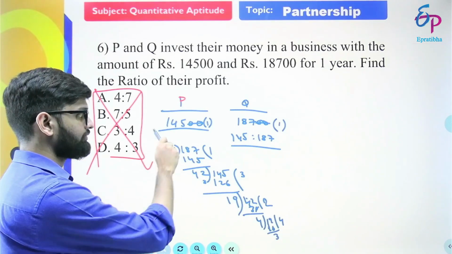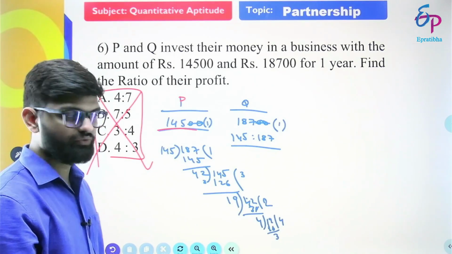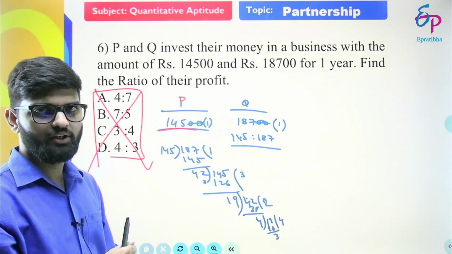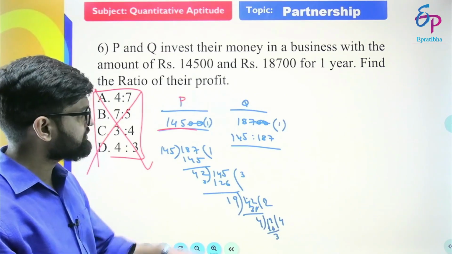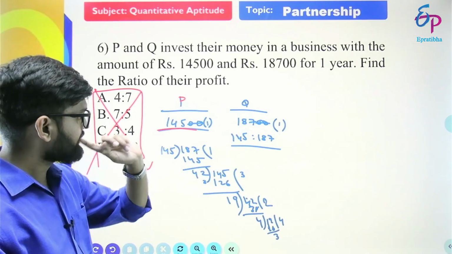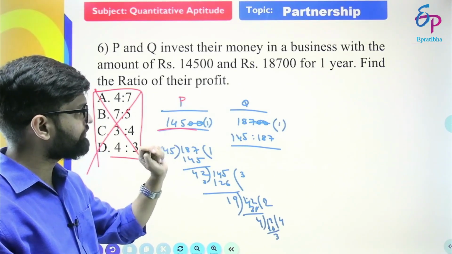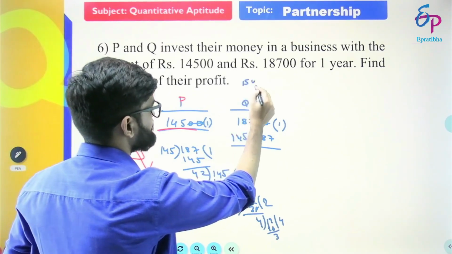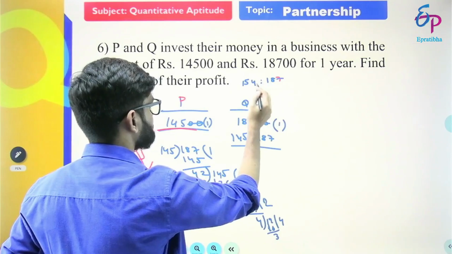If you are confused, if you don't know the divisibility rules I told you in number system, you will check 11 and you will check 7. This is a multiple of 11 only. This is not. It should be 154, I guess. Let me check if 154 is to 187 works.